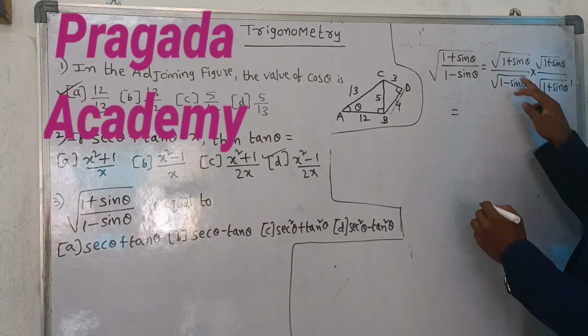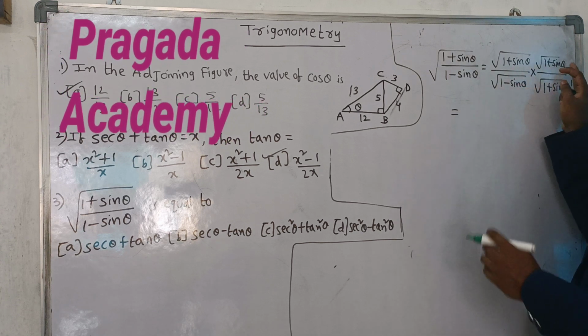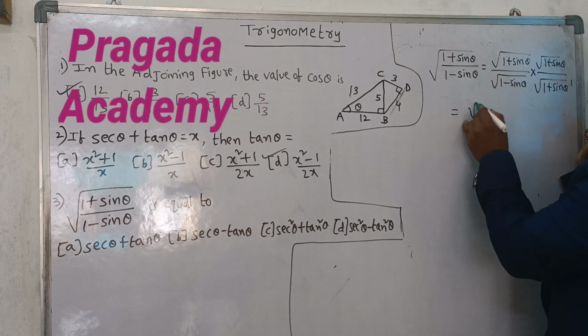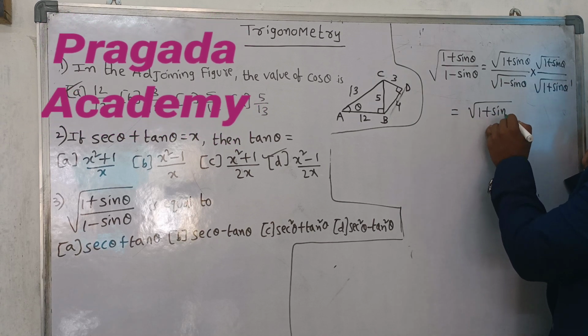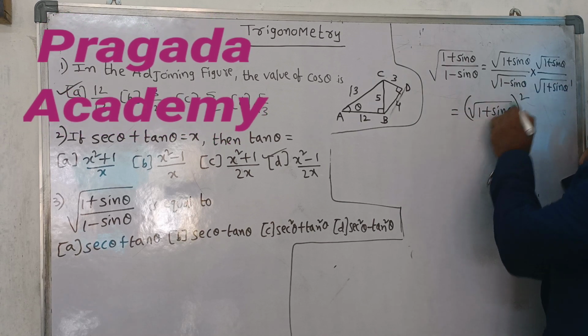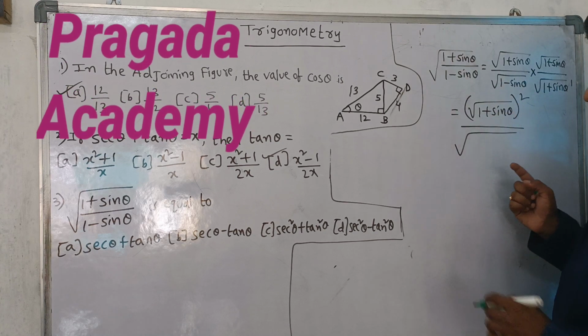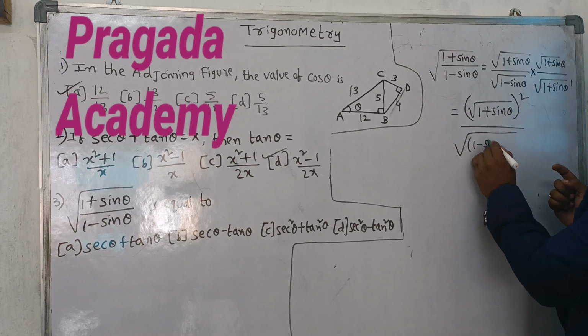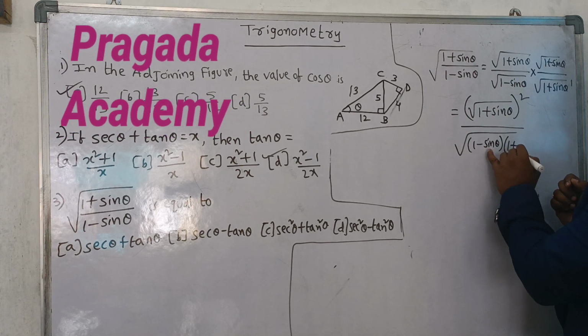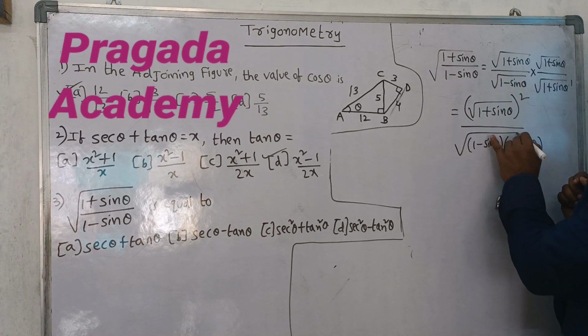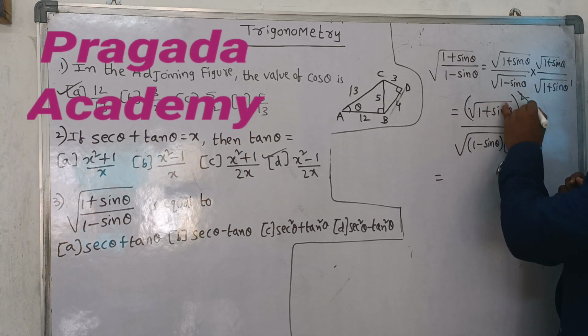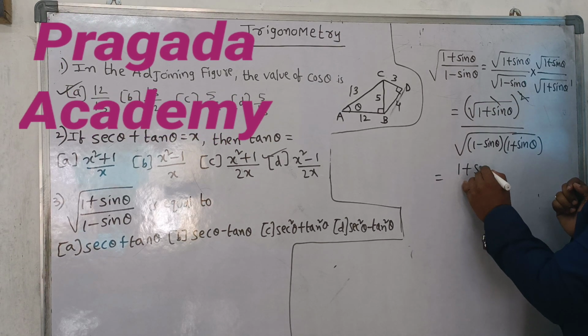Then the numerator becomes root 1 plus sin theta into root 1 plus sin theta, which is root 1 plus sin theta whole square. In the denominator, root a into root b equals root of ab, so you write root of 1 minus sin theta into 1 plus sin theta. The square and root cancel in the numerator, giving 1 plus sin theta.